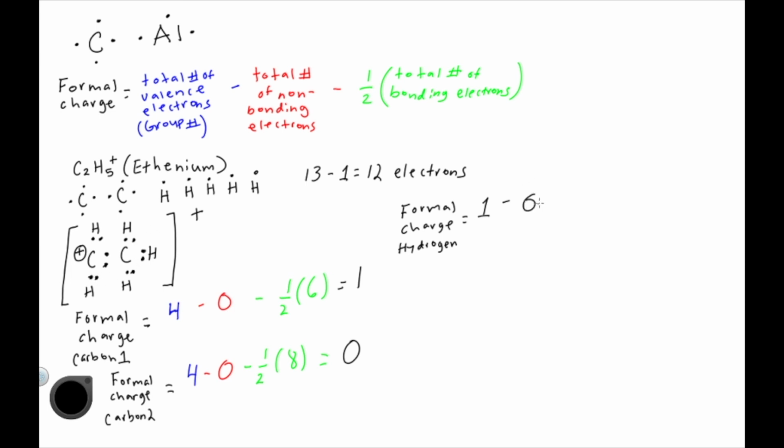So that's going to be 0, and then we're going to take 1/2 of the bonding electrons, right? Since hydrogen only has 2 electrons, and each of those 2 electrons are involved in a bond, we're going to say that it's going to be 1/2 of 2, which is just 1. So this is going to be equal to 1 minus 0 minus 1, which is just 0. So for each hydrogen, the formal charge is going to be 0, right? They're going to have no formal charge.